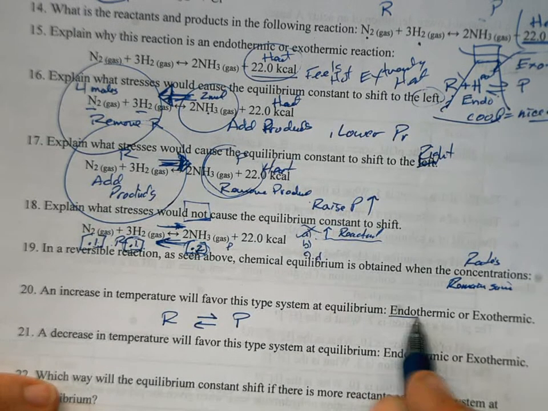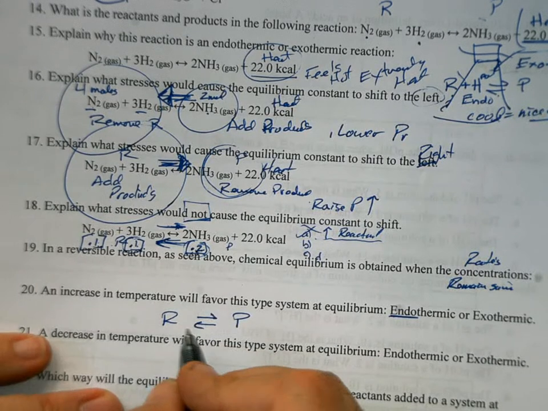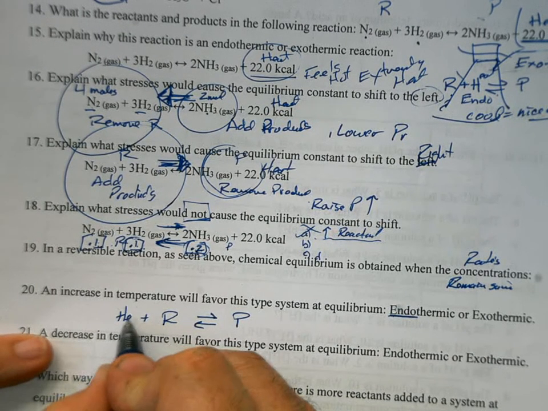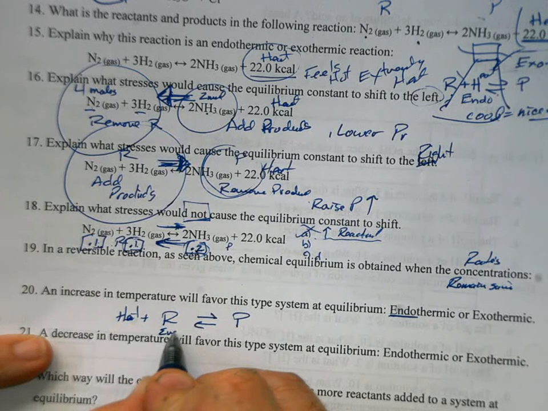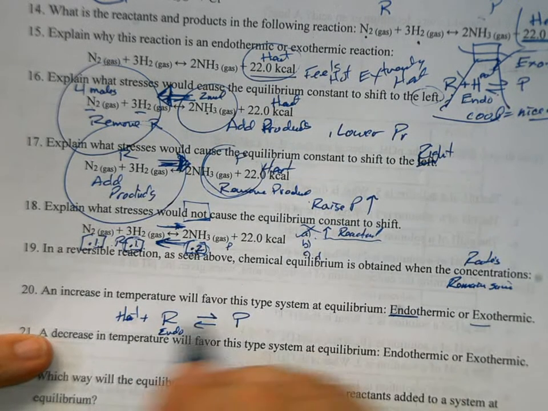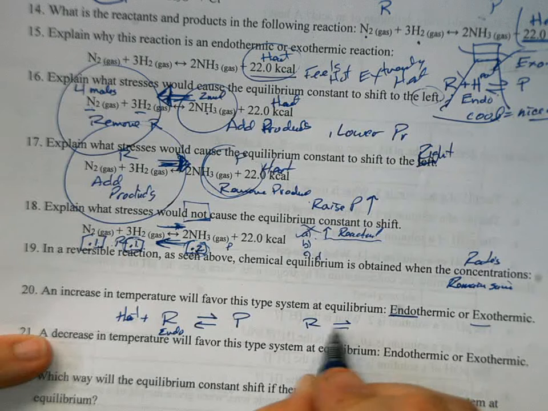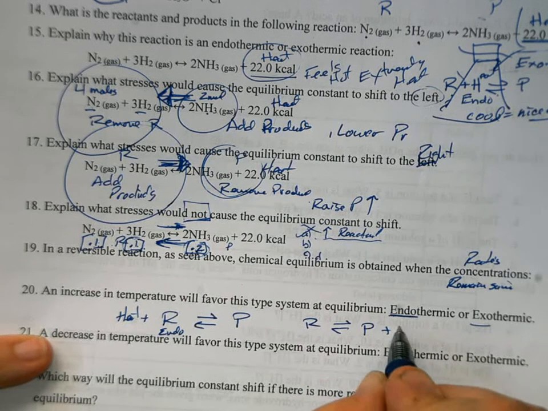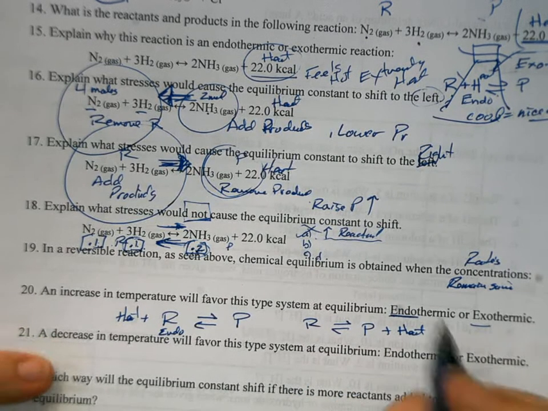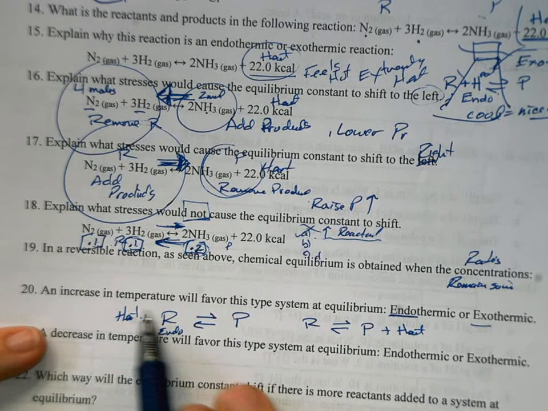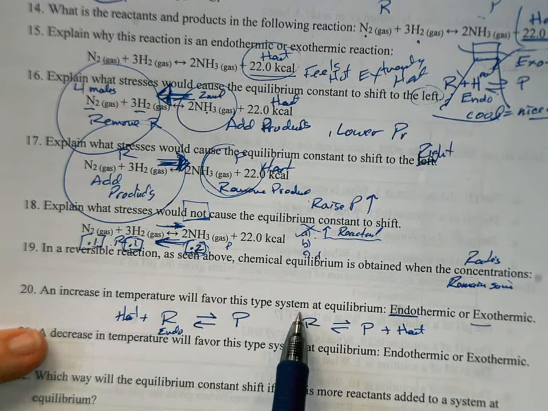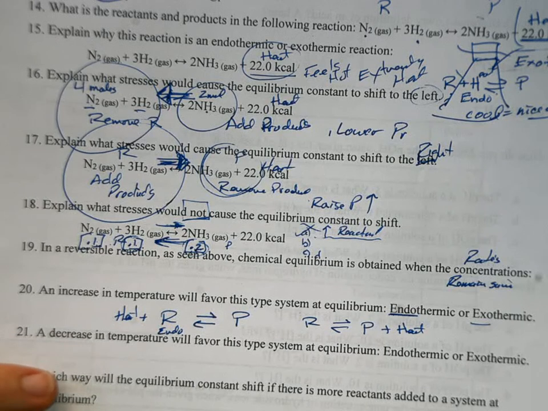Endothermic means we're adding heat, so we need to have plus heat. This is endothermic. Exothermic would just be the opposite. We'd have reactants reacting, and they'd be making a product plus heat.